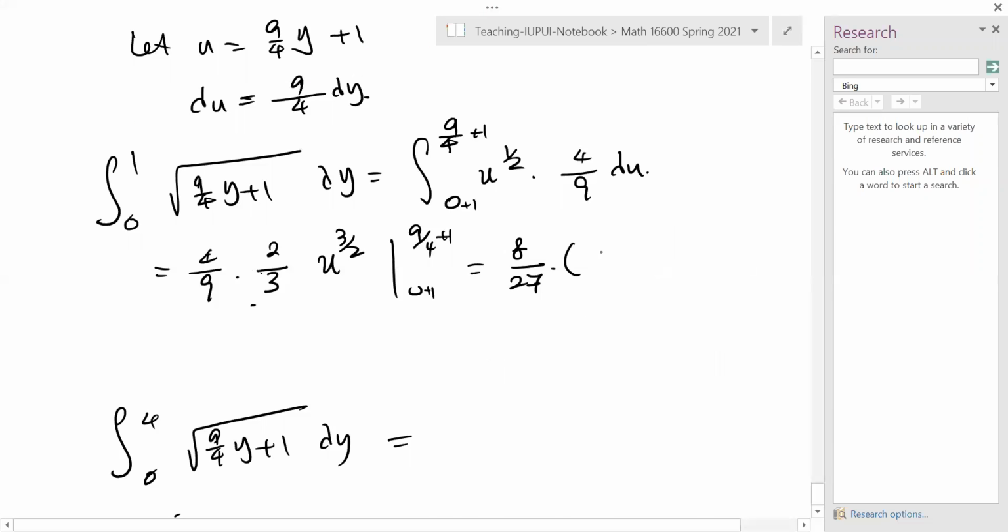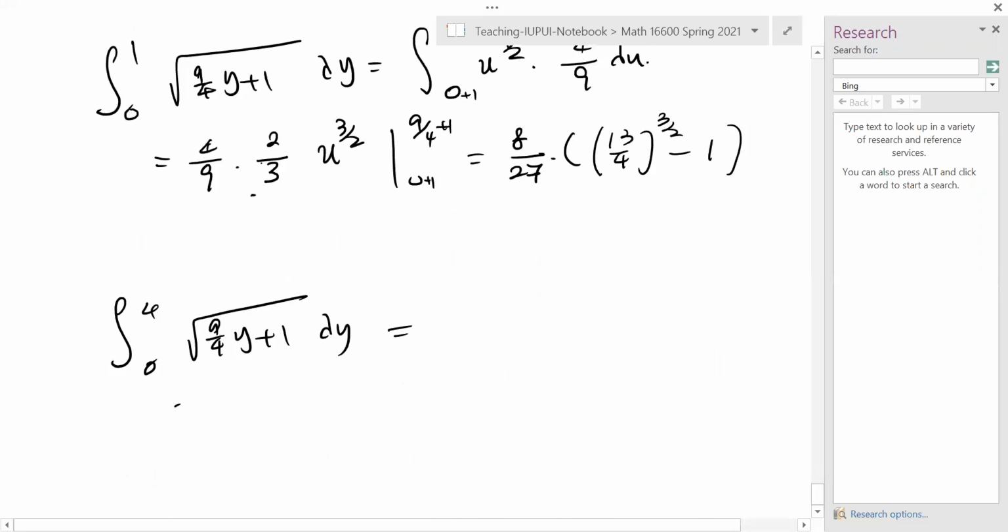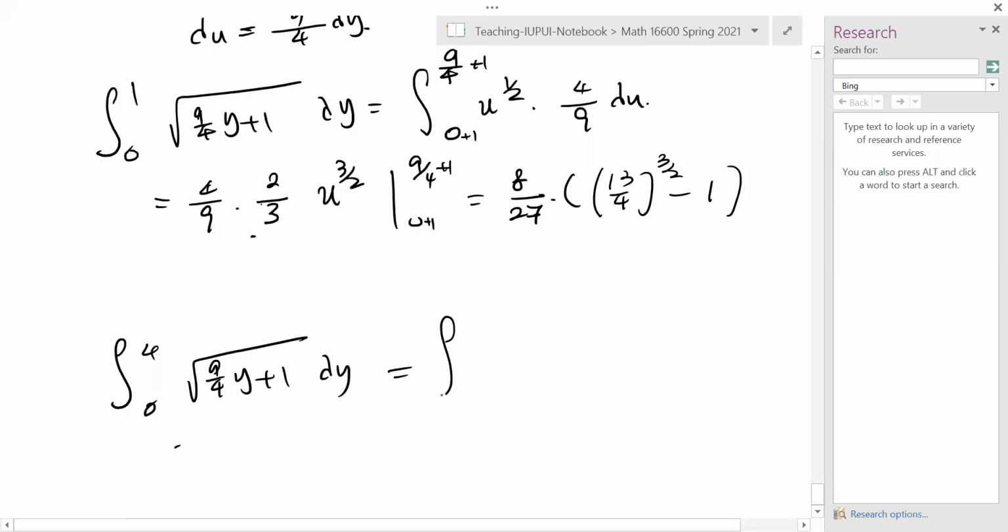So it's going to be 9 plus 1, which is 13 over 4 to the 3 over 2, so it's not a good number. Similarly, when y equals 4, the 4 cancels out, 9 plus 1 is 10, square root of 10.